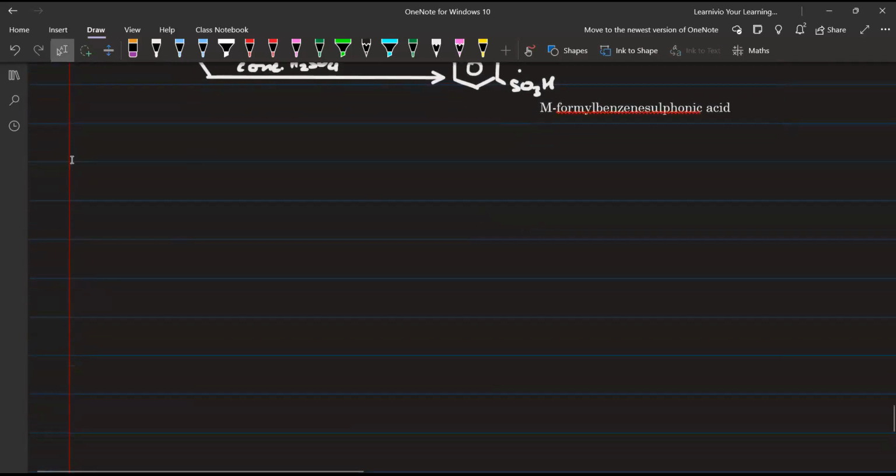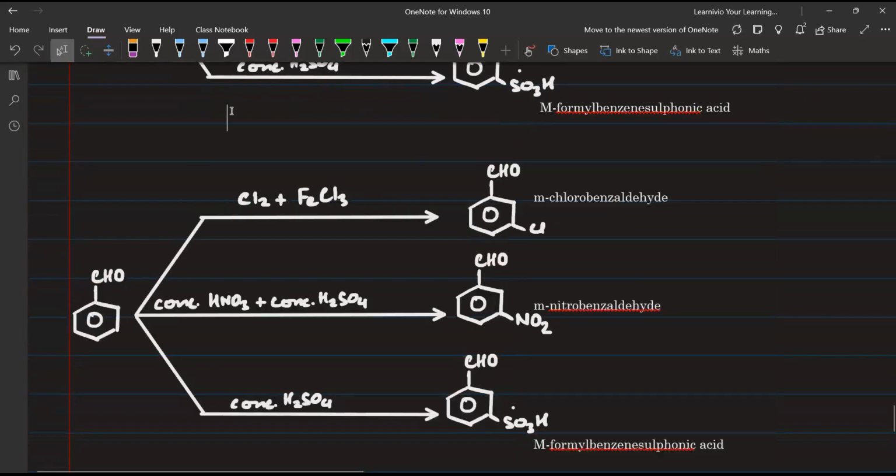A little bit of change, and you just need to copy the same things. So in acetophenone, we will have C double bond O and CH3. Everything else will be the same.